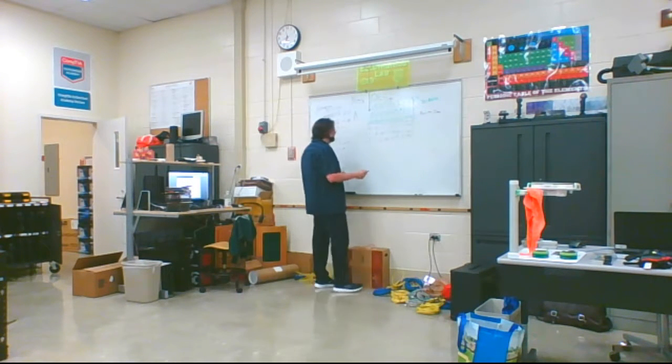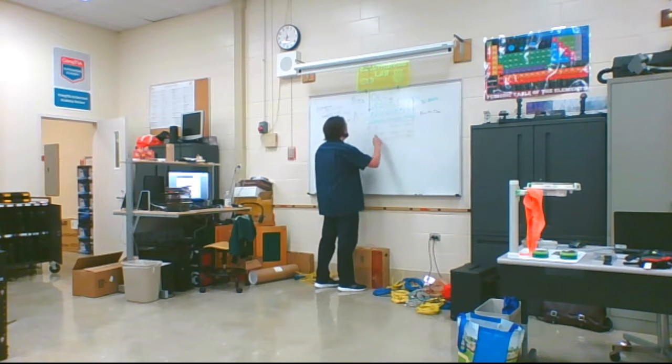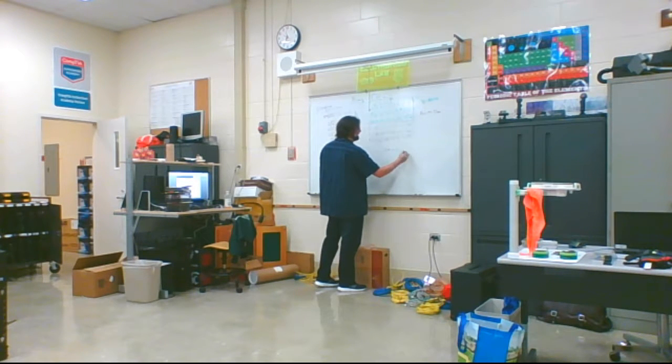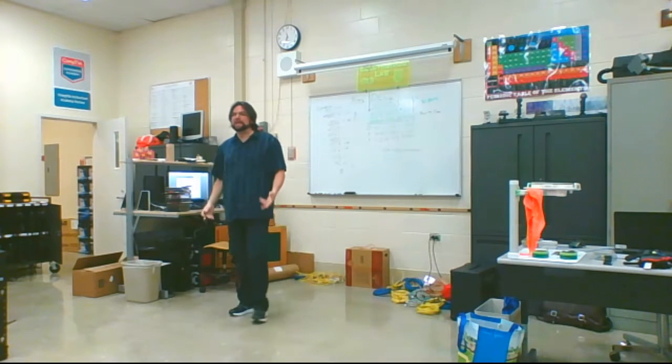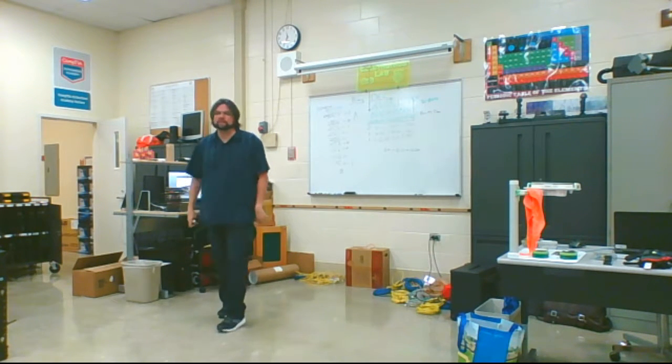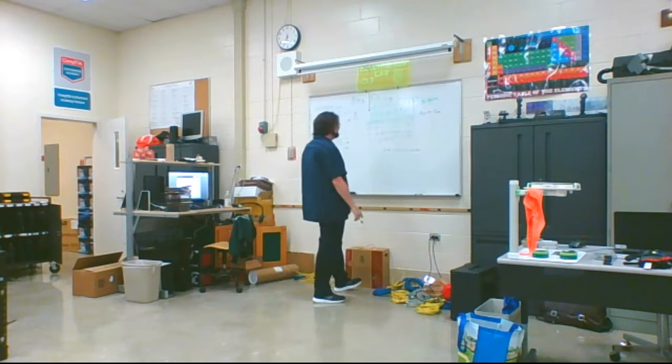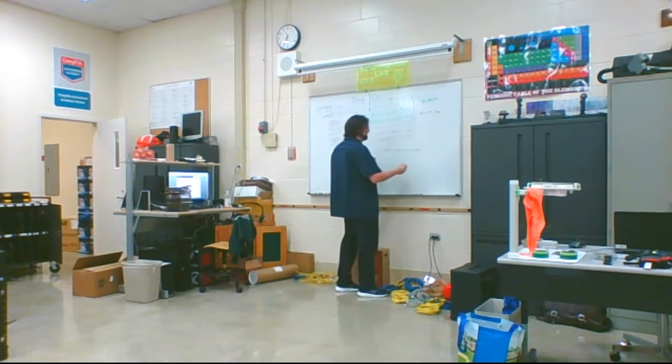We were at 256 bytes, and then we went to 512 bytes, and then 512 times 2 is 1024 bytes. And our computer scientists at the time said, instead of saying 1024 bytes all the time, we're going to say that's 1 kilobyte.